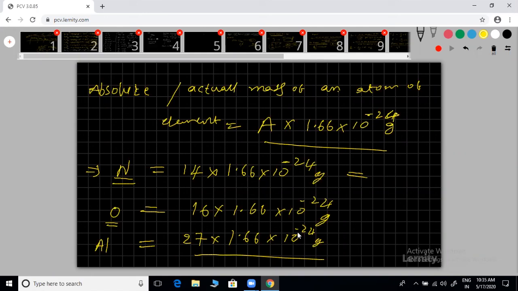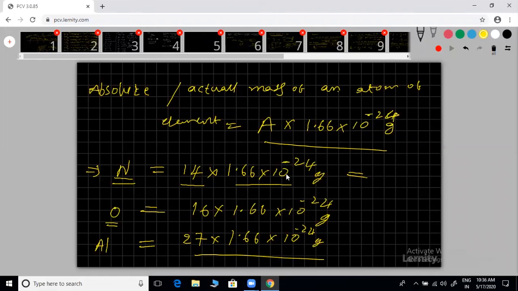Okay. Any doubt up to this? Let me know if any doubt, we'll discuss again. Just give their atomic value into the AMU value, that is your answer.